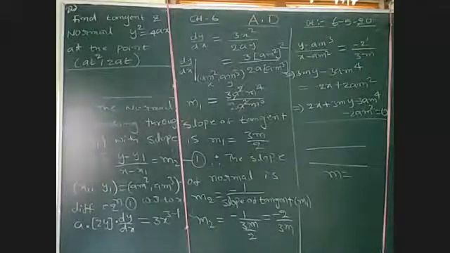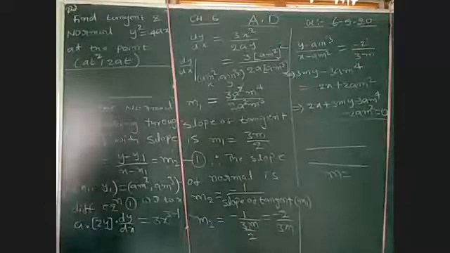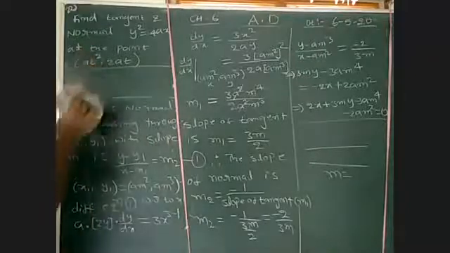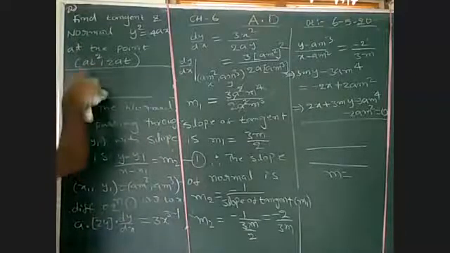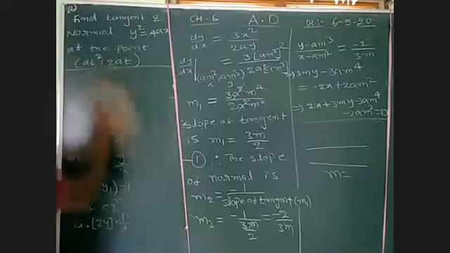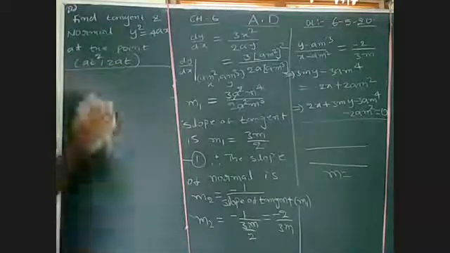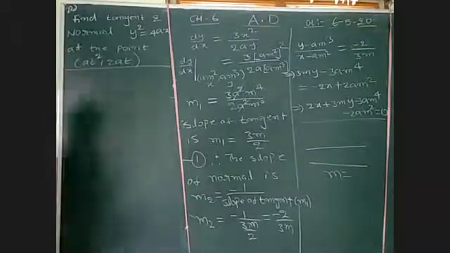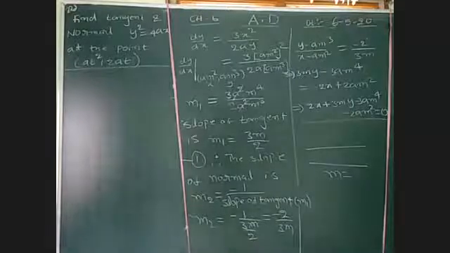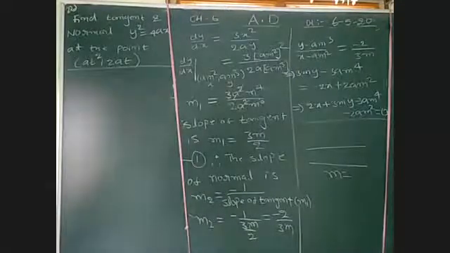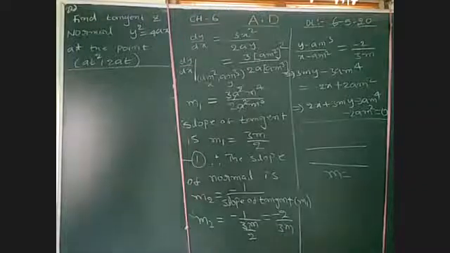See, already you studied about this tangent and normal to the parabola at this point, at square comma 2at. What about at square comma 2at? At square comma 2at are parametric equations of parabola. Very important, right?